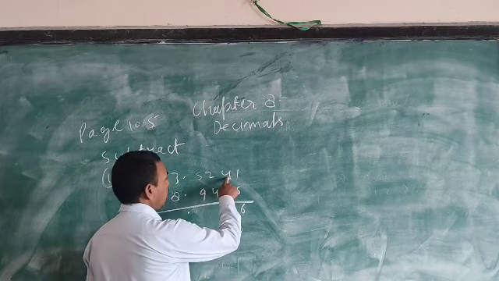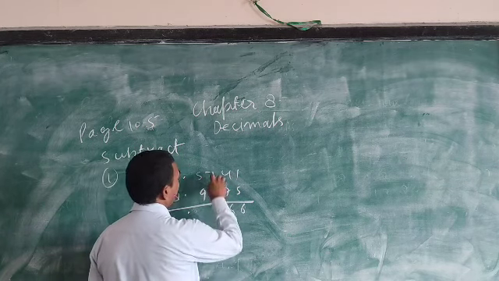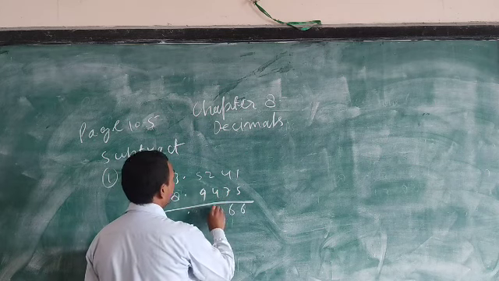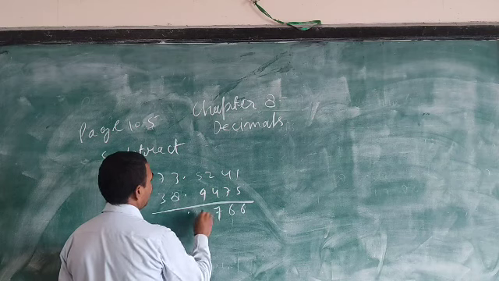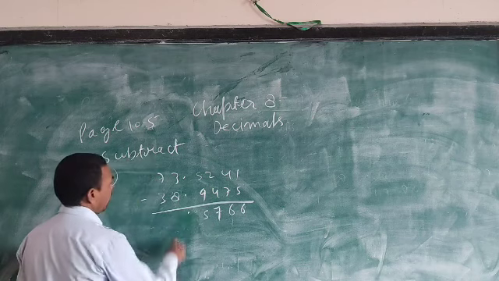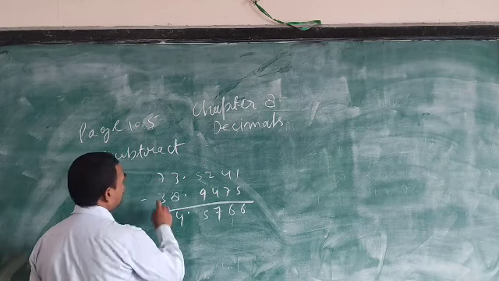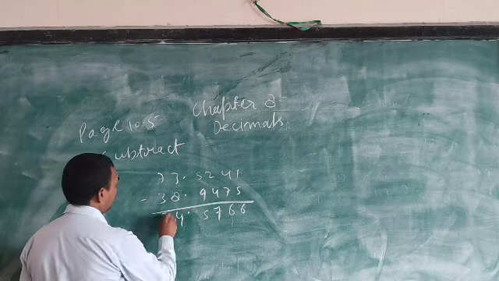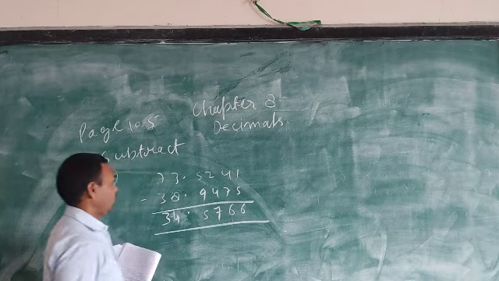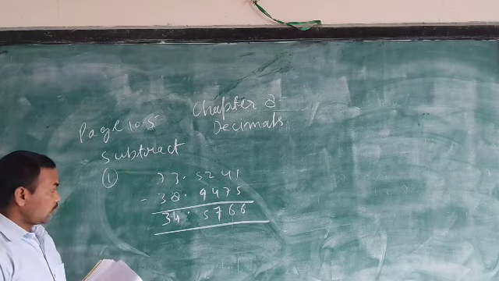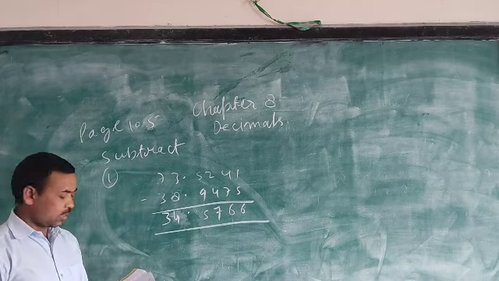Here 3. 13 minus 7 is 6. Here 11 minus 4 is 7. And here 14 minus 9 is 5. And here 12 minus 8 is 4. Here 6 minus 3 is 3. So your answer will be about 34 point something. 34.576.